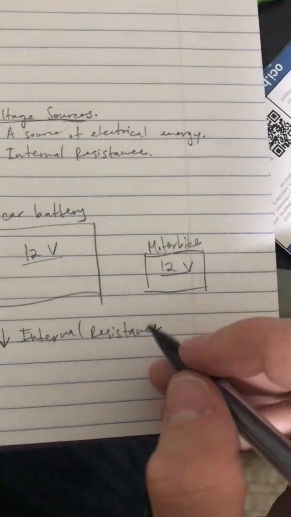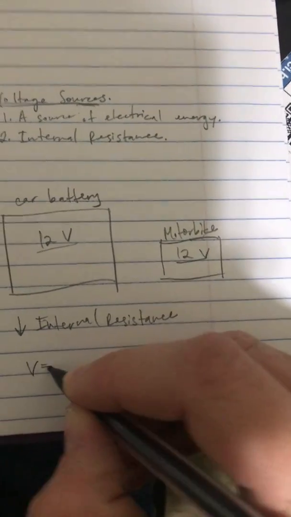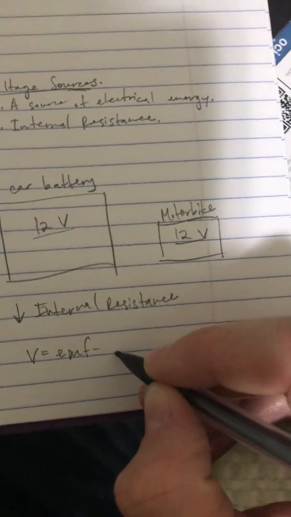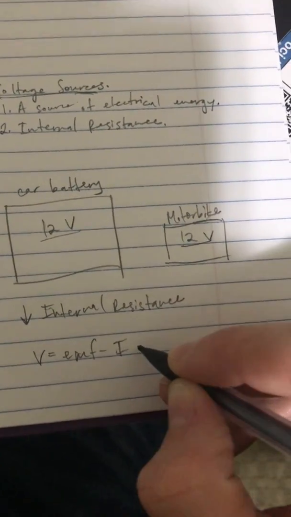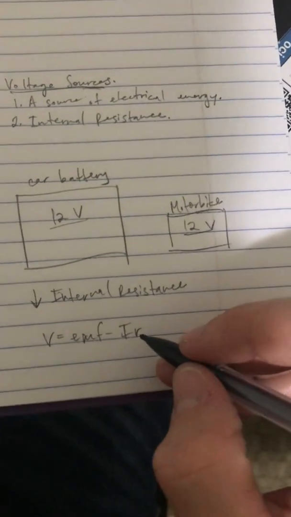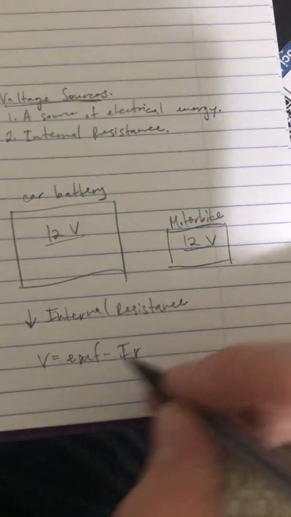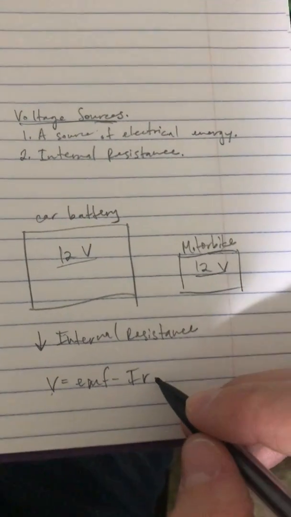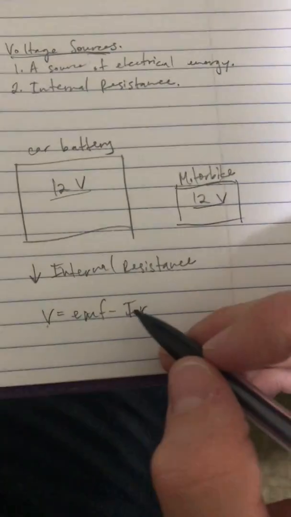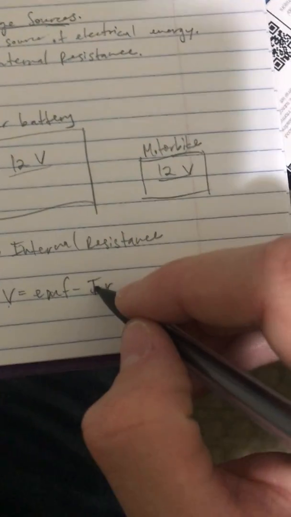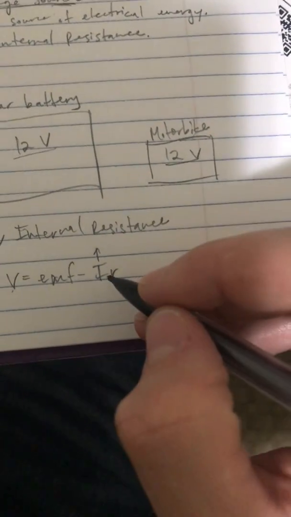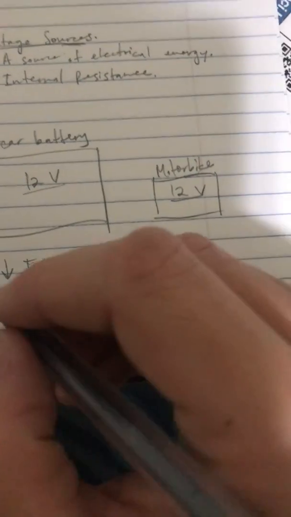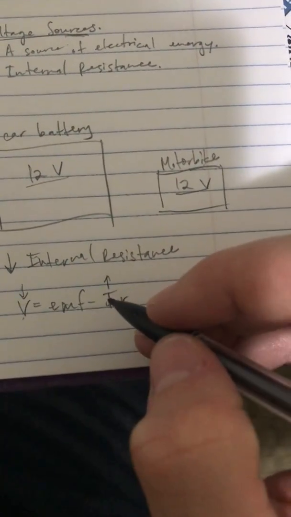And if it has a lower internal resistance, remember that our equation looks like this: EMF minus Ir. So if it has a lower internal resistance, it's going to have a higher terminal voltage. But you can see how if you were to mess with this, if you were to increase the current, you're going to decrease terminal voltage.